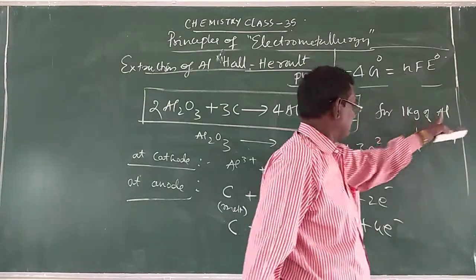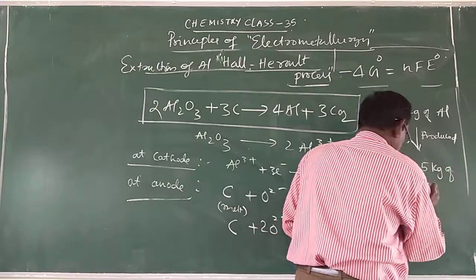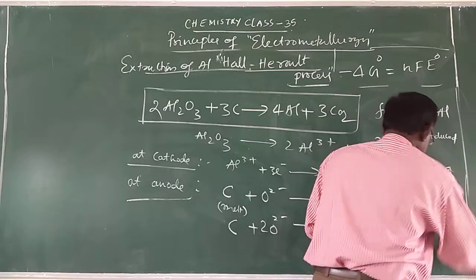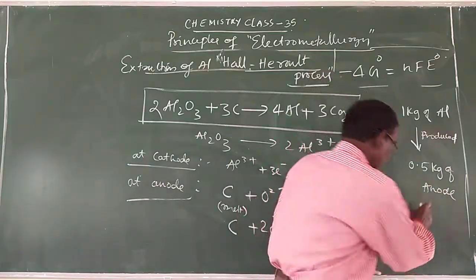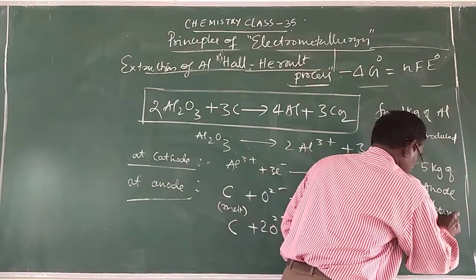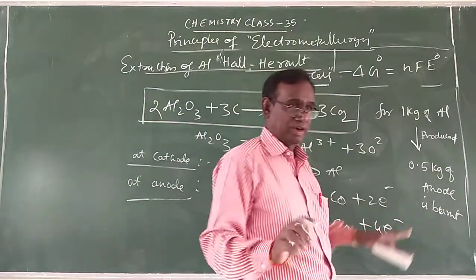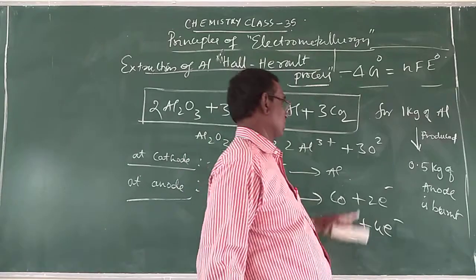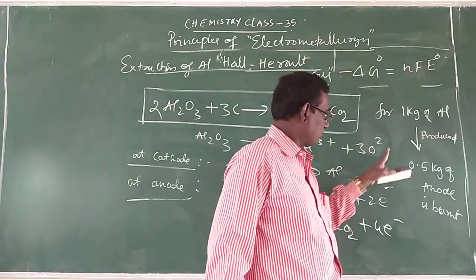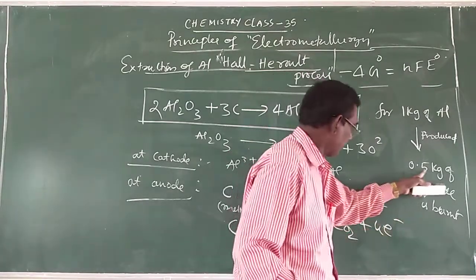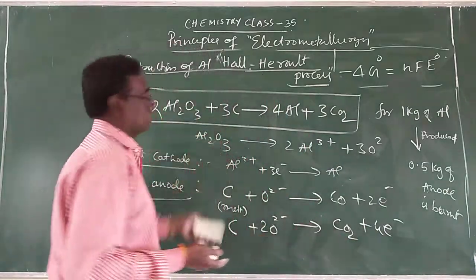For every 1 kg of aluminium produced, 0.5 kg of anode is burned, not 0.5 gram. In the last class I told 0.5 gram, but it is 0.5 kg. So for every 1 kg of aluminium produced, 0.5 kg of graphite anodes are burnt away. That is how we can write the extraction of aluminium.